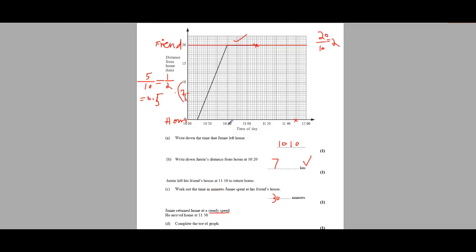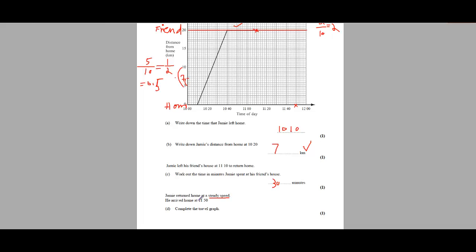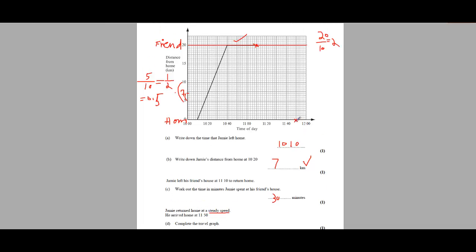The time was 10:40, and then at 11:10 he started coming back home. So his total stay at the friend's home is 10:40 to 11:10, which is 30 minutes. And then he came back and reached home at 11:50.